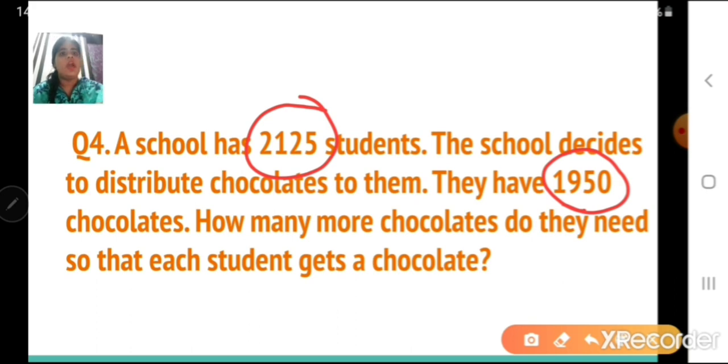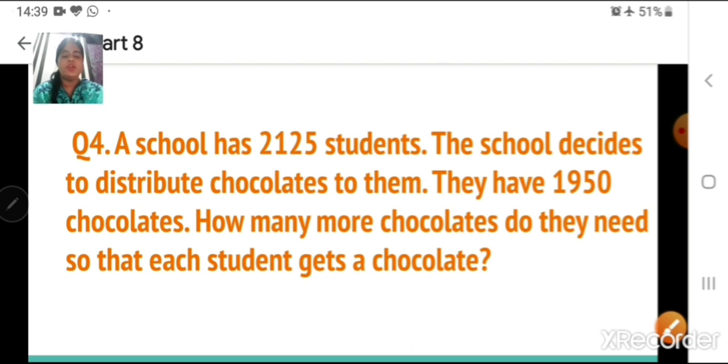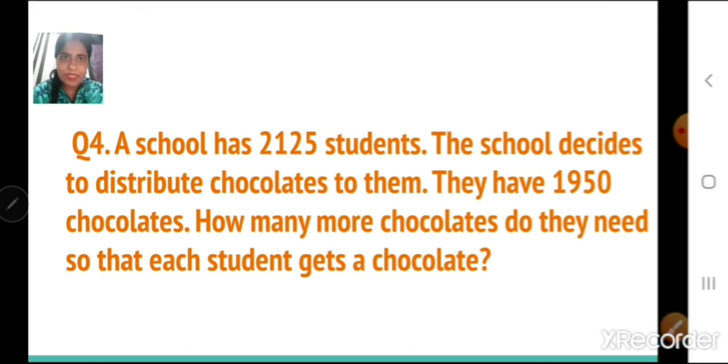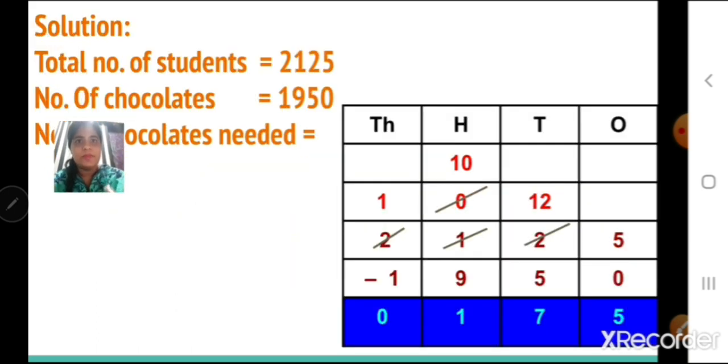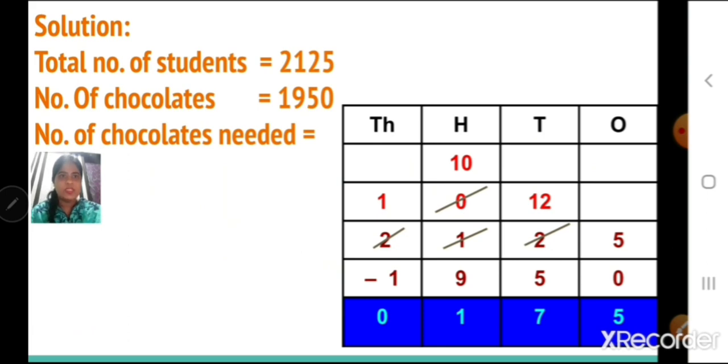After writing the question we are going to write the solution. For that, first we will start with the statements, then we'll solve the sum and then we'll write the answer. Children, note it down. Solution: total number of students, what is given, we have to write first.